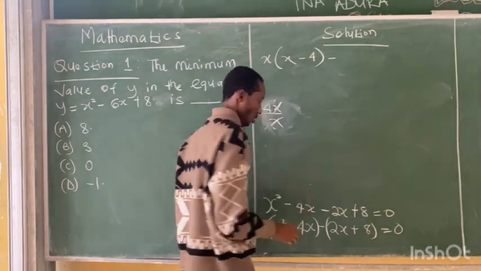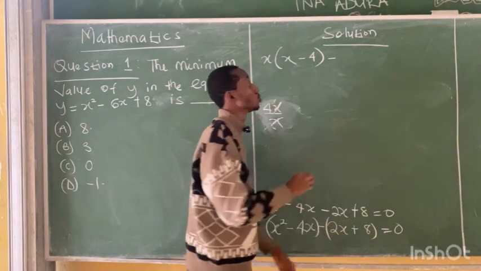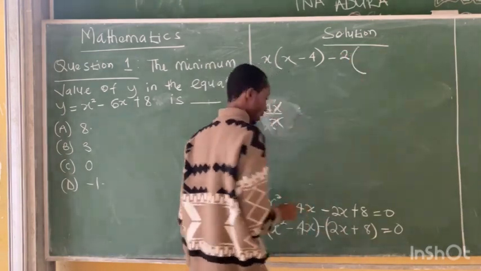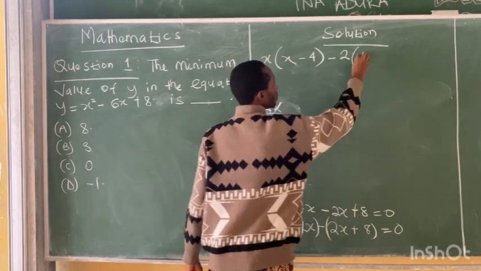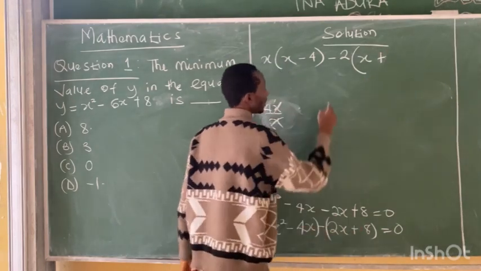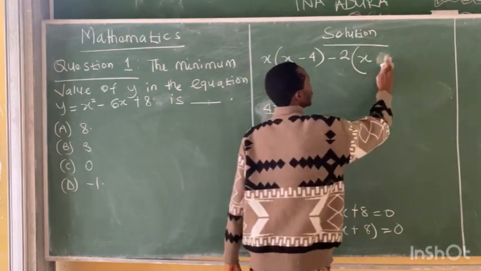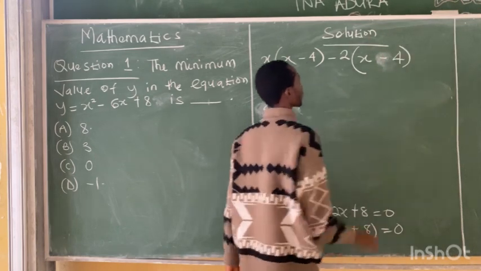Minus. There's something common here. When you factorize this, you have 2. You open a bracket. 2x divided by 2 gives us x, and minus 8 divided by 2 gives us minus 4.